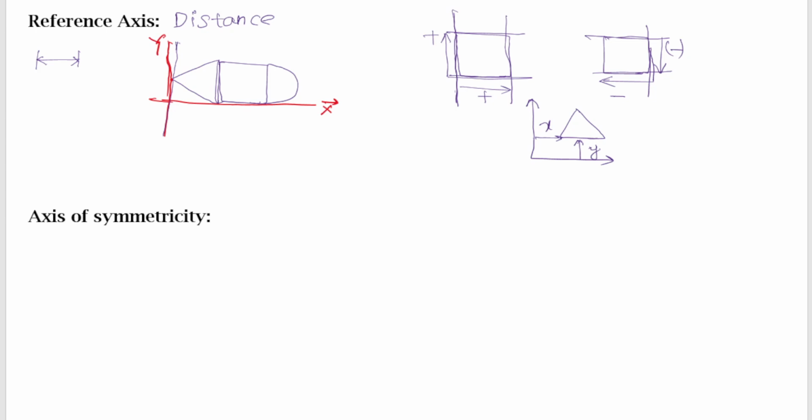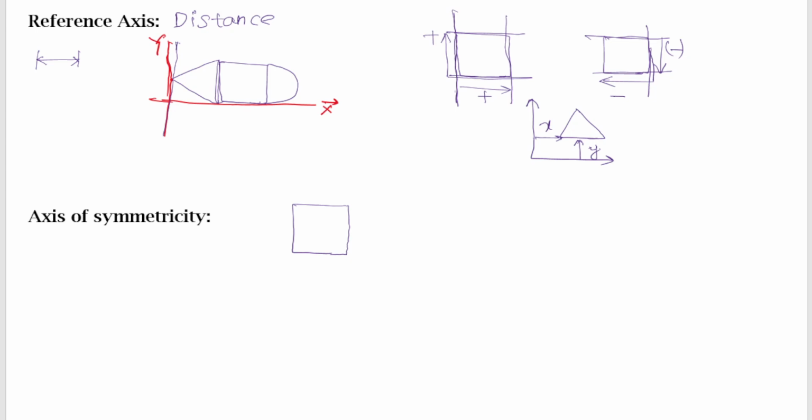Okay, the next topic is the axis of symmetricity. Although it is not a standard topic to teach, it actually helps you save a lot of time during your examination. Once you are provided with a geometry, you need to find out the symmetricity axis.